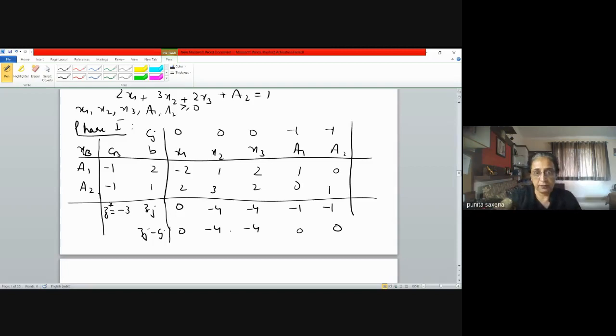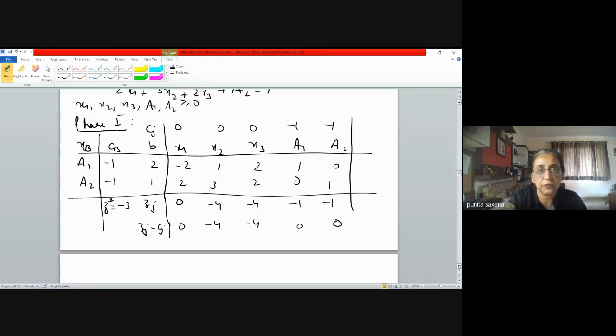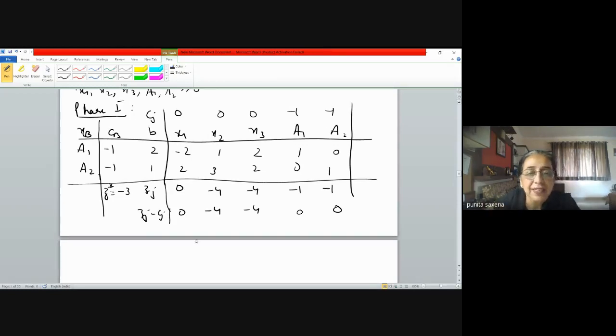Which one should we choose? X2. Okay, let's make X2 enter. So which one leaves? The ratio 2 by 1, 1 by 3.